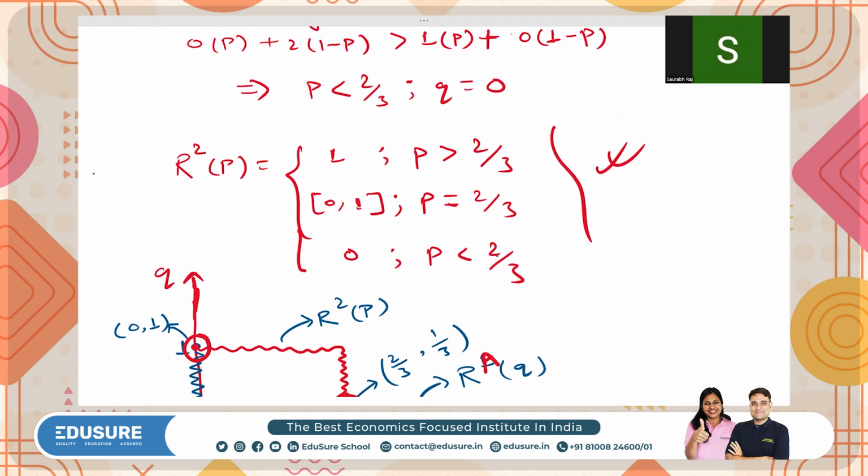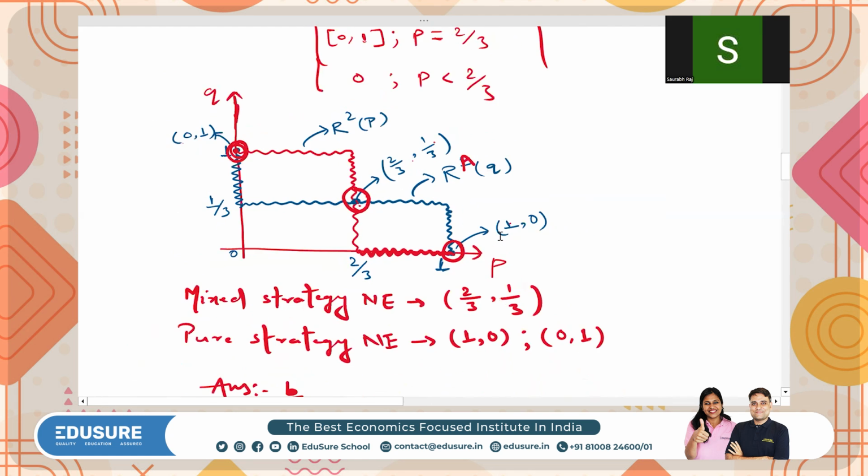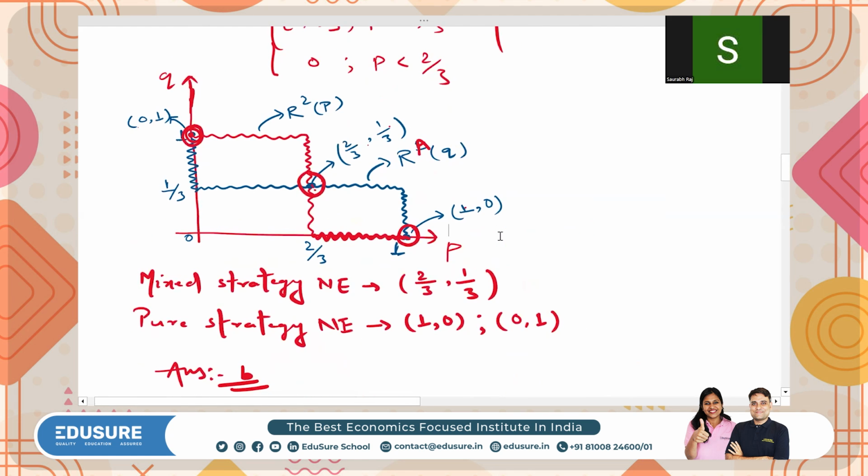And then when we draw the graph, we will be able to figure out that there are three common points. One is (0, 1), second is (2 by 3, 1 by 3), and third is (1, 0). Then we will be able to conclude that the mixed strategy Nash equilibrium is (2 by 3, 1 by 3), and the pure strategies will be (1, 0) and (0, 1).